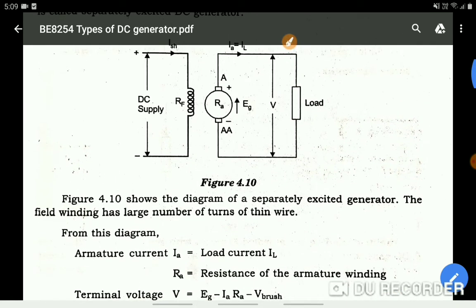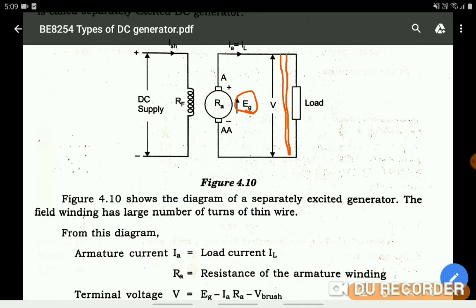See here, what is terminal voltage? It's the voltage appearing across the load. What is EG? EG is the generator EMF. So the EMF generated is not fully delivered to the load. Why?